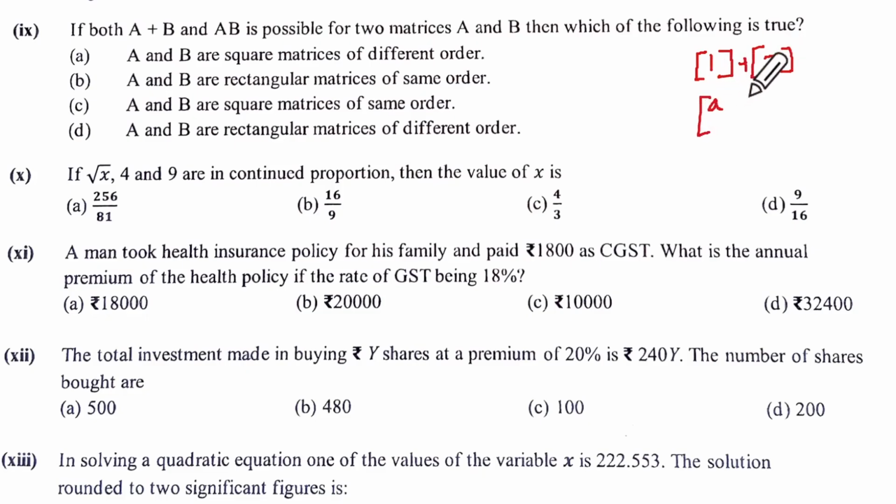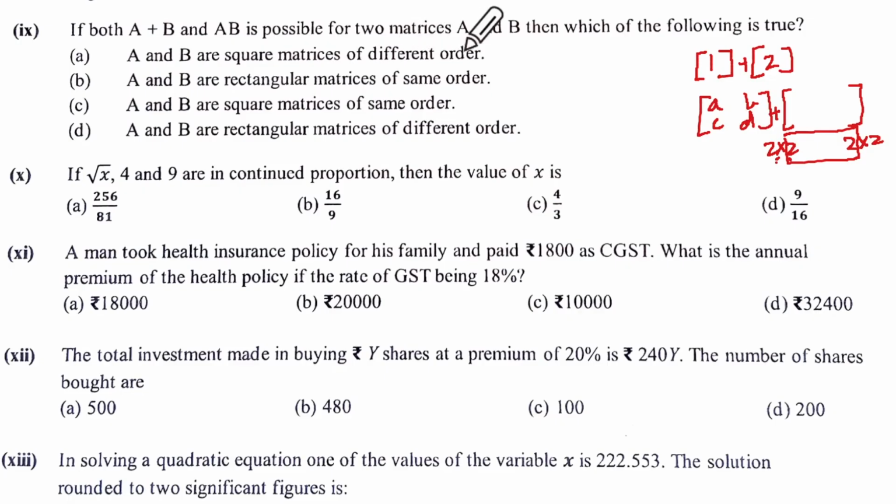Or it will be like a 2 by 2 matrix with entries A, B, C, D and another matrix also 2 by 2. I can multiply, I can add or subtract also.